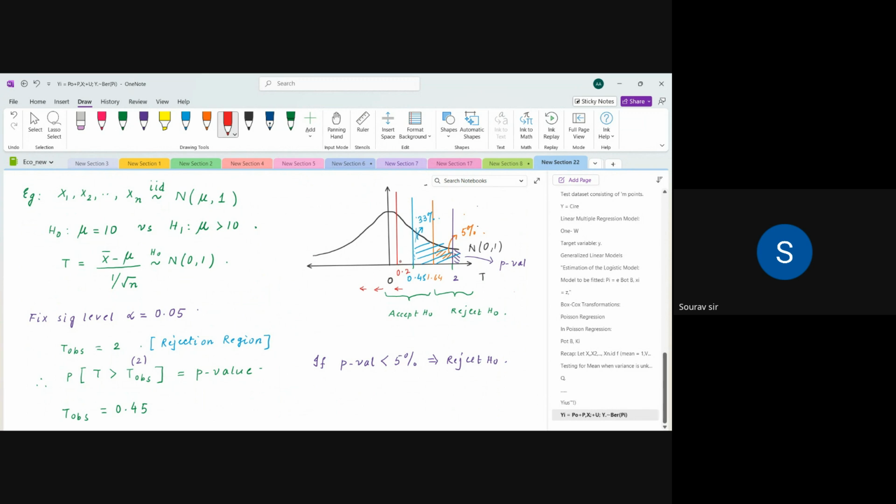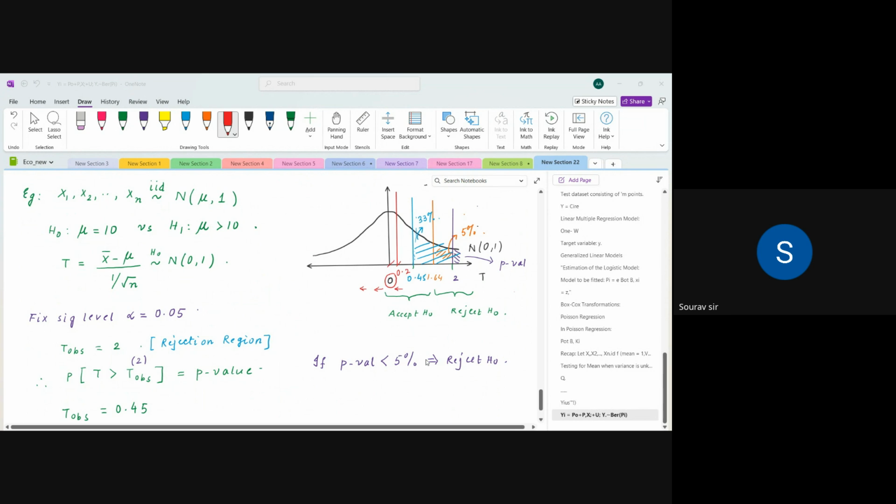The more you're moving towards the left, the more you're moving towards 0, which is your acceptance point, right? Exact match. So the more you are moving towards exactness, the larger your p-value becomes.